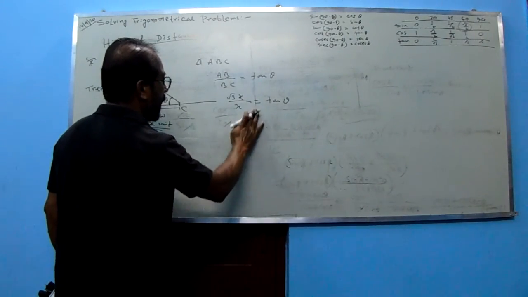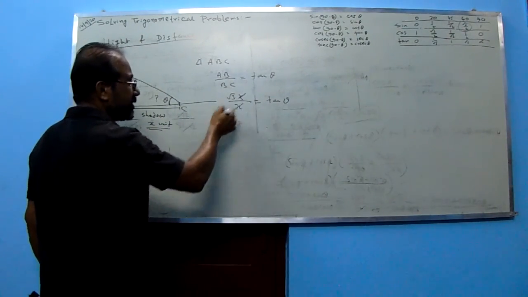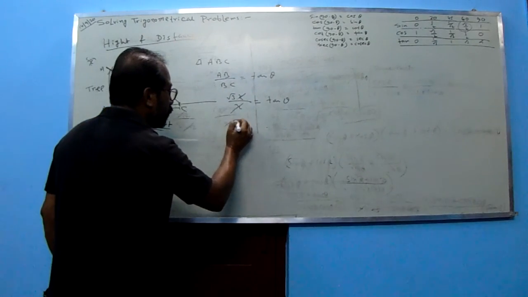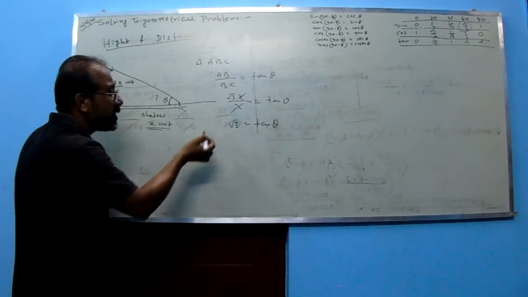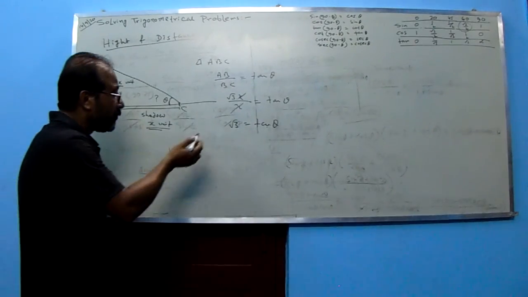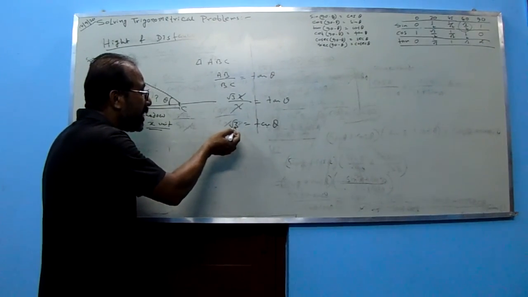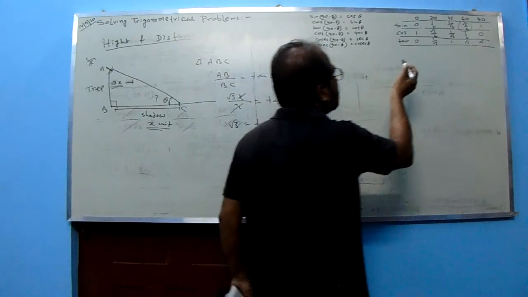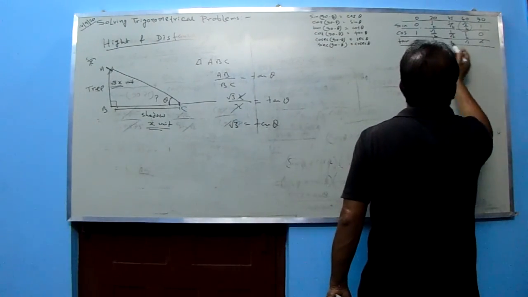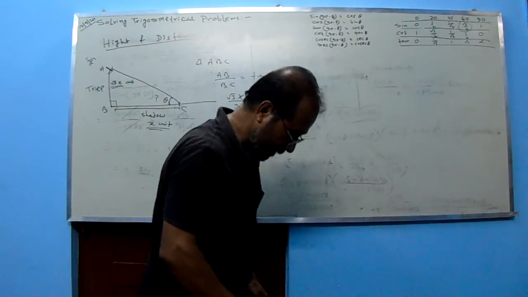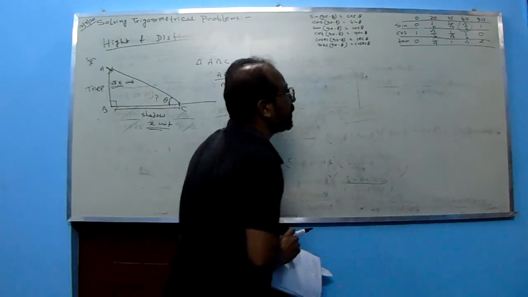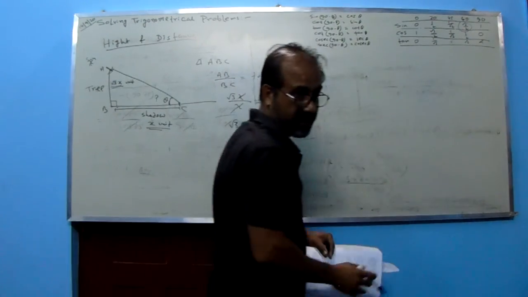So x is gone. Root 3 equals tan theta. Now the value of root 3 is actually the tan angle: tan 60 has the value of root 3.